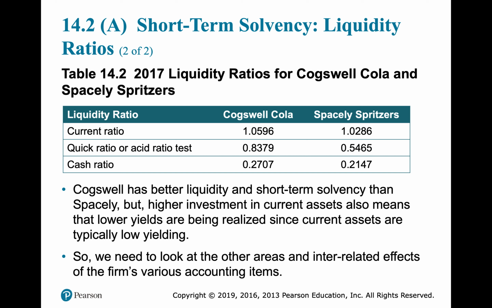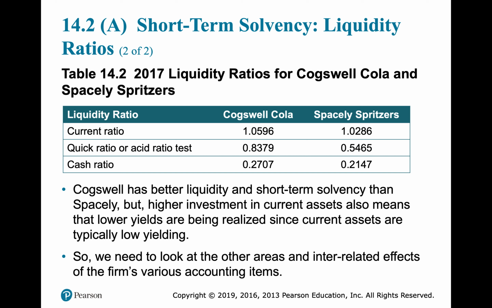So even though right now it looks like Cogswell might be better off, we probably need to look at a few other areas and interrelated effects of the firm's various accounting terms before we can really make a call on whose performance is better. But this is a good starting point at the bare minimum.